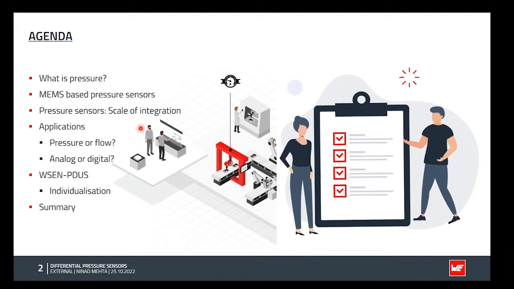We'll also shed light on what type of sensor to use, for example a pressure or flow sensor, or a digital or analog sensor. In the end, I would like to show some of the pressure sensors from our Wirth Electronic portfolio and also focus on the individualization service that we provide.